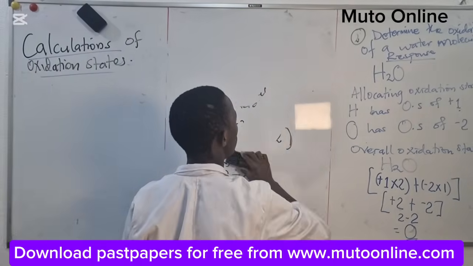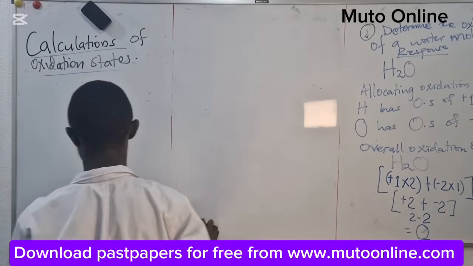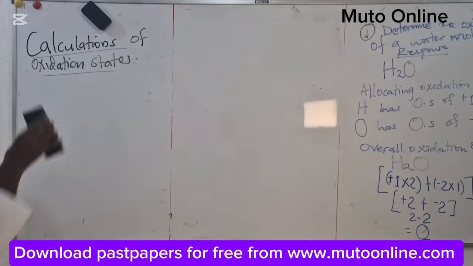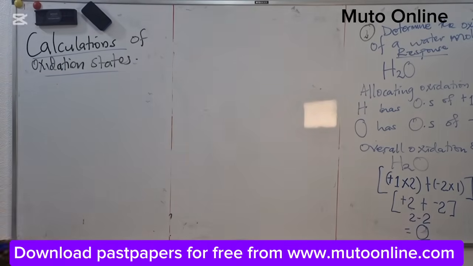So let us look at example 3. This time, we are going to look for specific oxidation states of atoms in a compound.